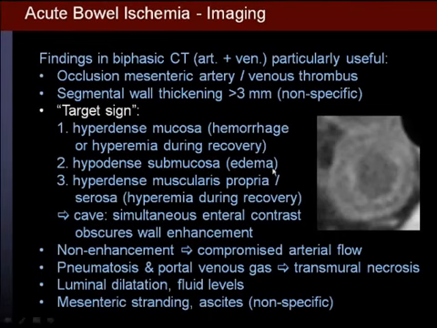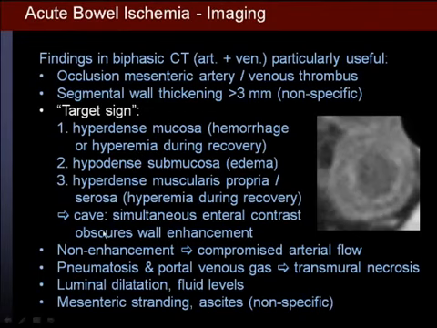The second layer is a hyperdense submucosa, and the third layer is a hyperdense muscularis propria, which can be hyperdense because of contrast agent, or if no contrast agent has been given, but it's hyperdense, then of course because of hemorrhage. But what is important if you want to diagnose these various stages, we should not give oral contrast because this will obscure wall enhancement.